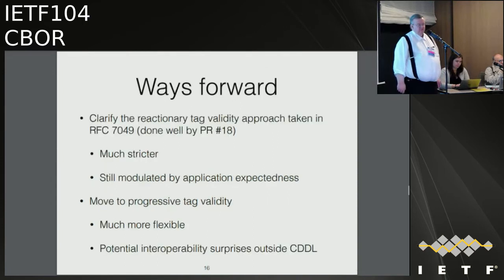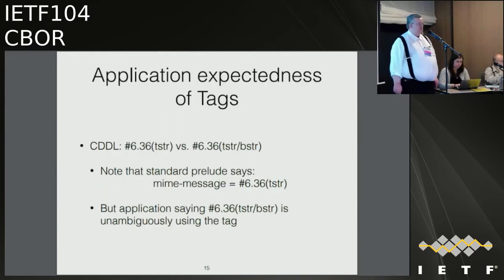Okay, so if we go all the way on the progressive scale, we would allow the application to define its expectedness within tags. So we would allow the application to say, oh, 36 really only was defined for UTF-8, but I kind of know what my message in binary encoding is.